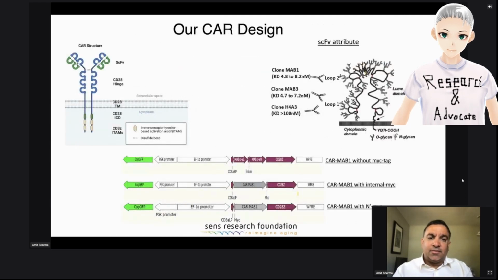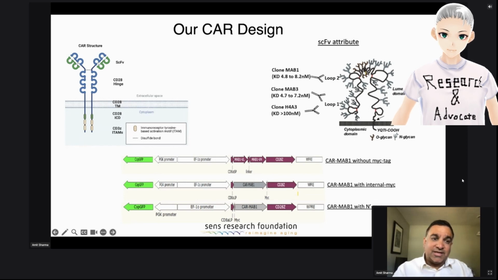So we designed the CAR-NK that Michael was talking about. CAR is essentially a TCR where we incorporate the scFv, the antigen recognition domain of an antibody, into a construct, and we utilize the hinge and transmembrane domain of CD28, and the intracellular signaling is through CD3.